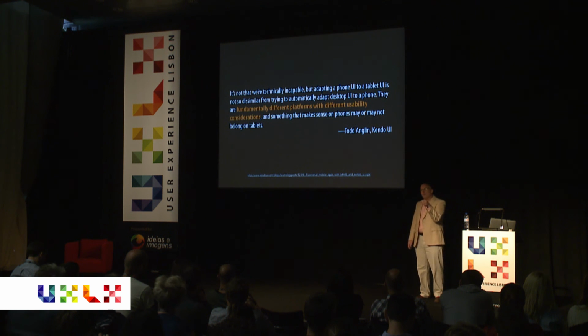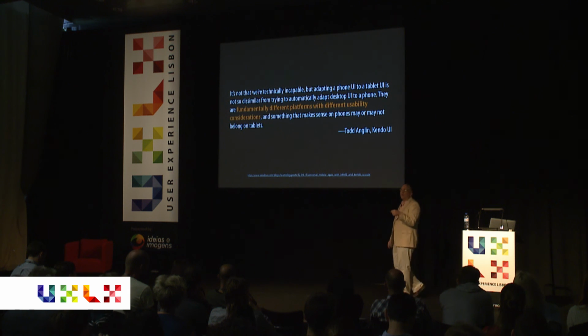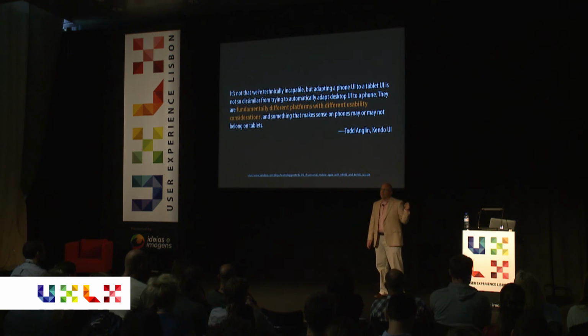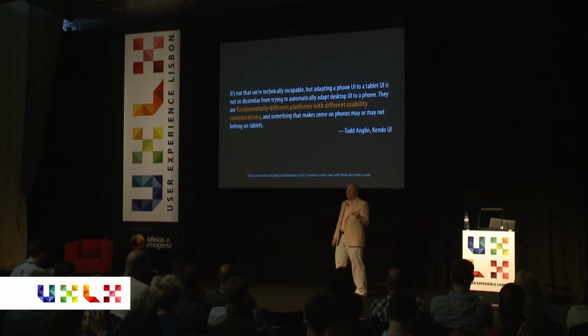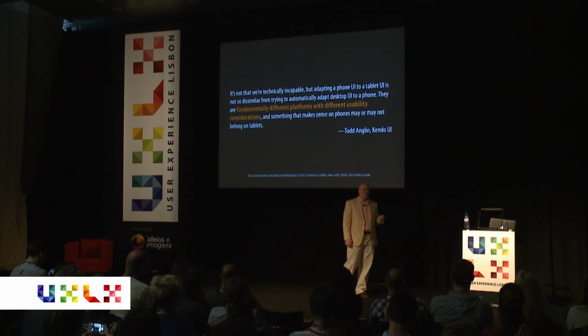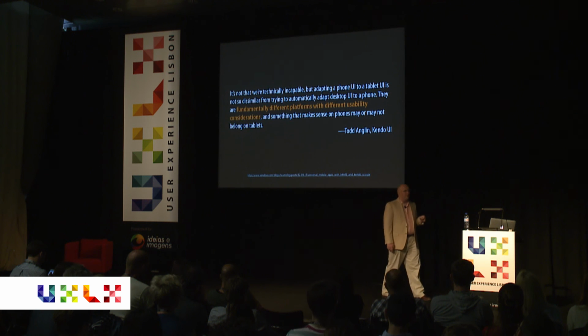And the thing that I thought was really interesting about this wasn't that he thought that tablet and phone were very different, although, given what we just looked at in terms of the resolutions of those devices, we should question that. But that he thought that it was so obvious that desktop was different than phone that he could use that as an analogy to argue why tablets are different than phones.